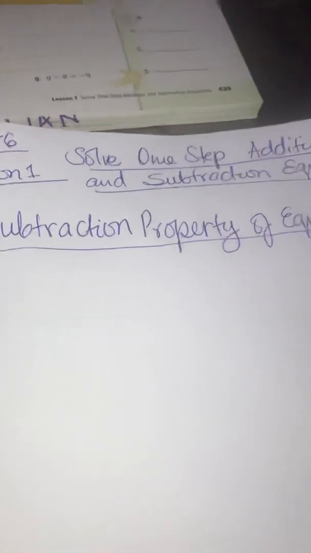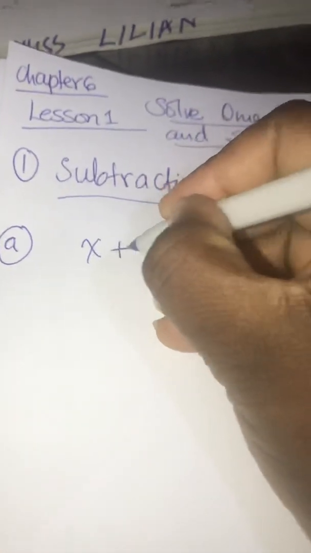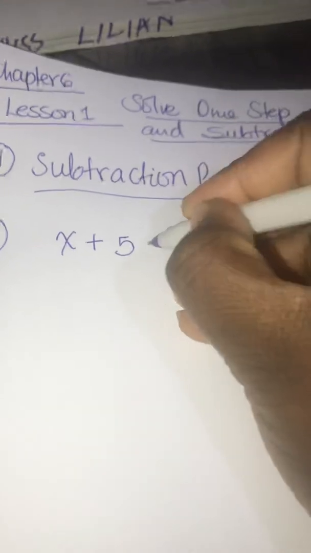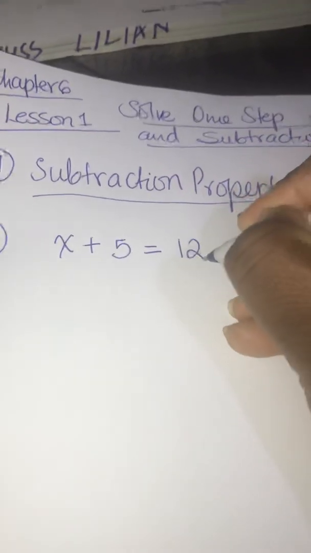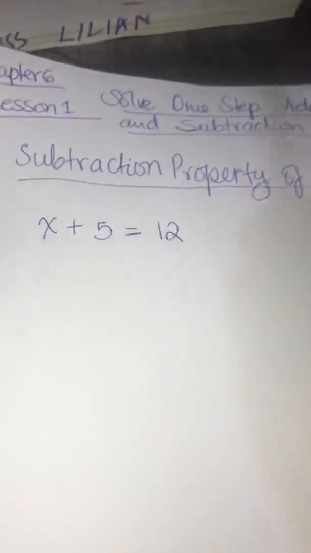Maybe I do 3 examples here. All right. So we have example A. X plus 5 equals 12. In this lesson, I want you to have 2 pens, 2 different, your pencil and another colored pencil. Okay?